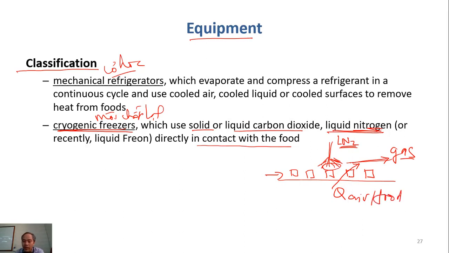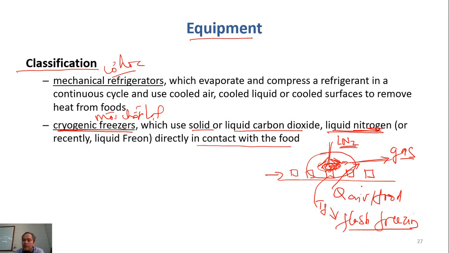When you spray like this, evaporation occurs here. It takes the heat from the surrounding air and from the food, and the food loses heat, which means the temperature of the food goes down. And this process is very fast, it takes the heat very fast. So here you actually have a kind of flash freezing.